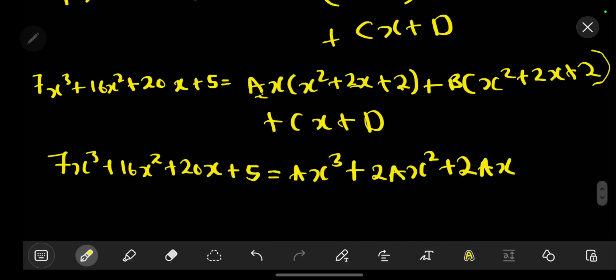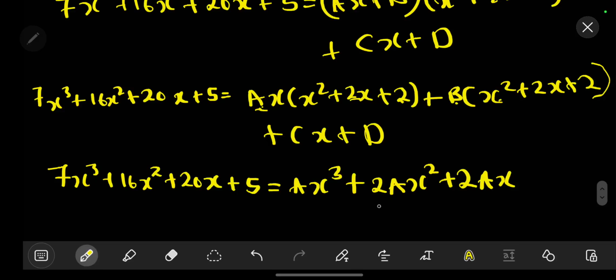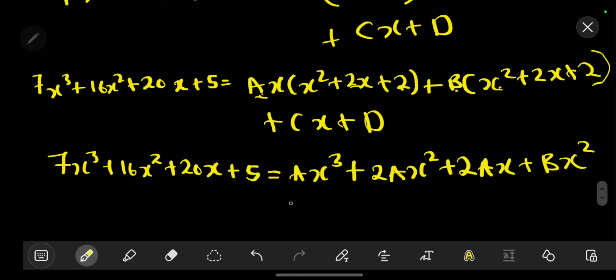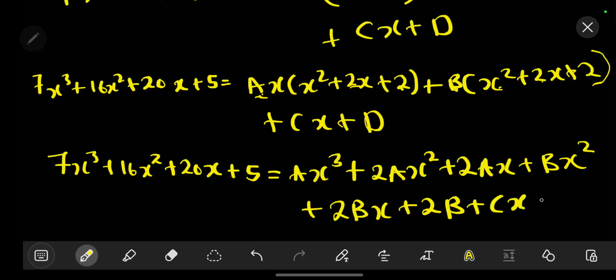Then we are going to have b times x squared. This is going to give us plus bx squared. Then we have plus b times this, we are going to have 2bx. Then b times 2, we are going to have 2b like that. Then we have plus cx plus d like that.